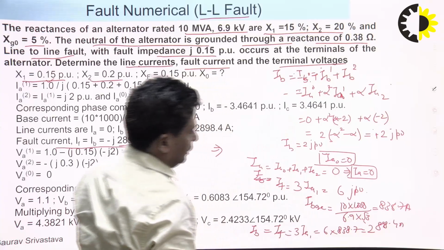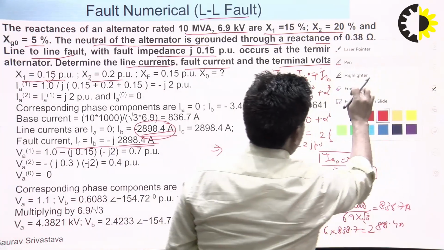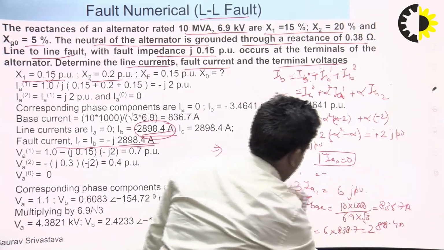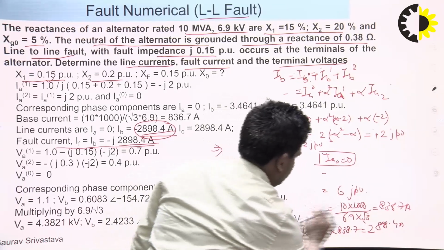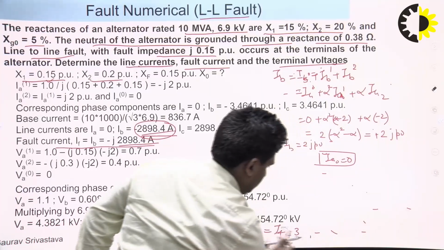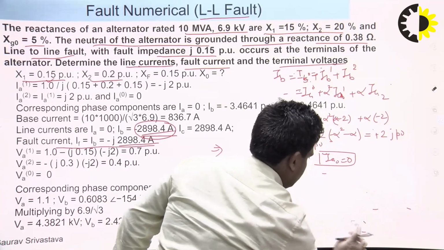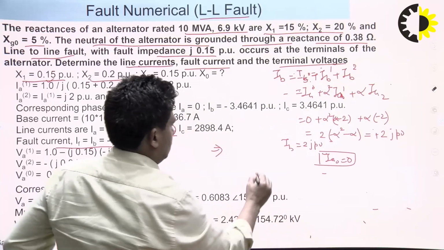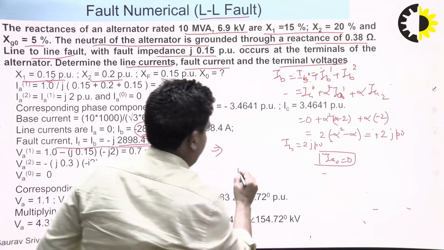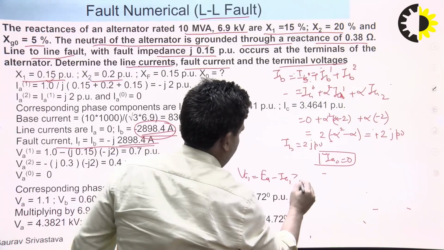How did we calculate the terminal voltages? The terminal voltages, we have the equations that VA1 is equal to EA minus IA1 Z1.